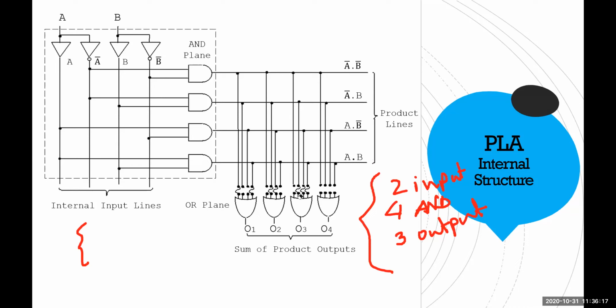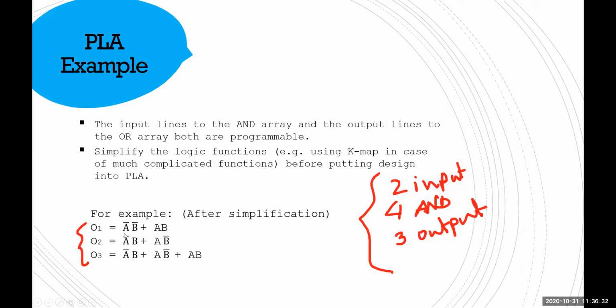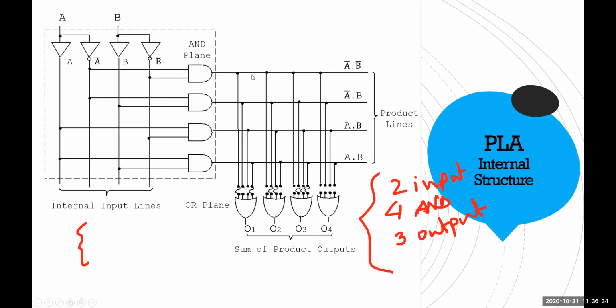Now here, the actual programming will be done. So the first one was O1. O1 was A bar B bar plus AB, I believe. Okay, let's go back and see. The first one was A bar B bar and AB. So here you can see the first one will be A bar, B bar. So the first connection will remain.